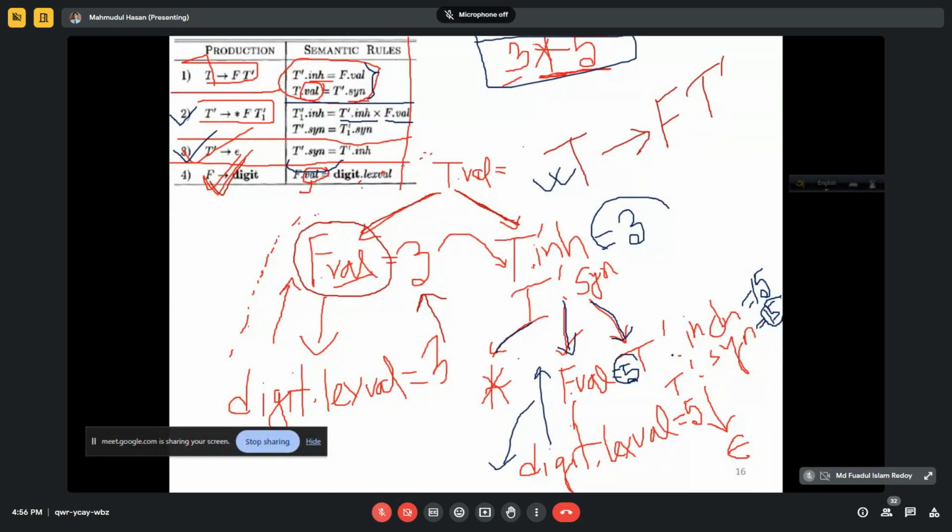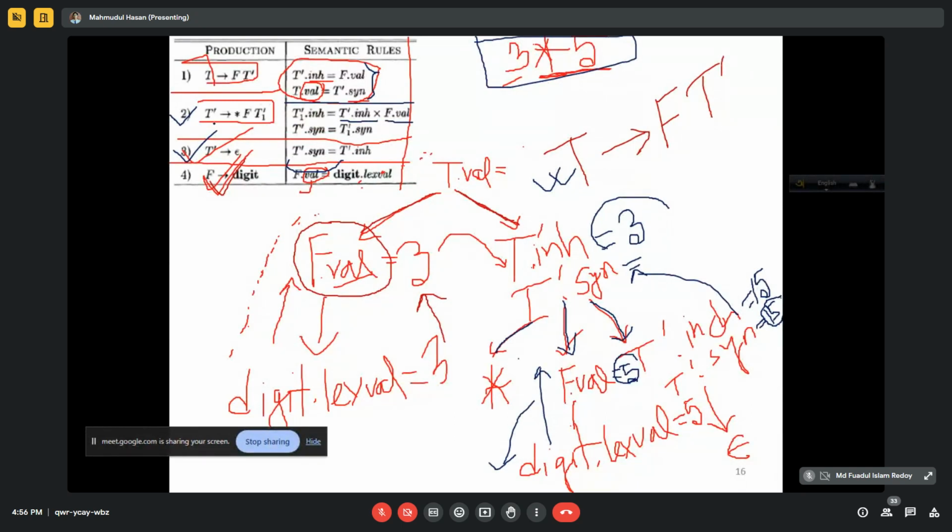Now you need to go back, and this one is still not calculated. If this one is a synthesized attribute, which production rule do we need to follow? Number 2.